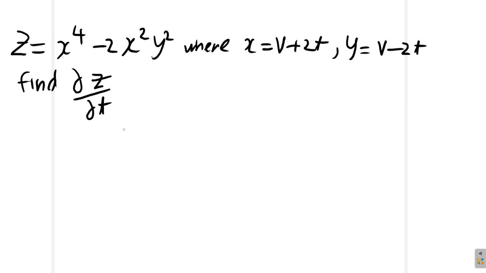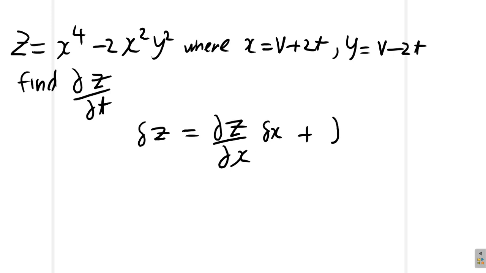Now, the formula that you're supposed to remember: a change in z is equal to the rate at which z changes as x changes times a change in x, plus the rate at which z changes as y changes times the change in y.